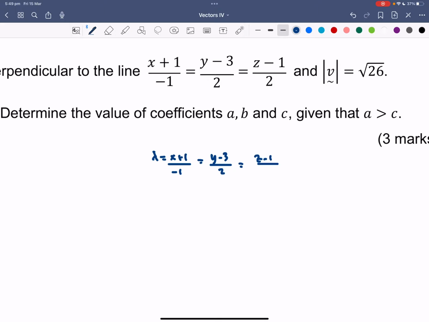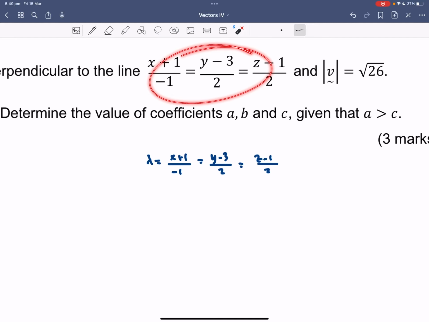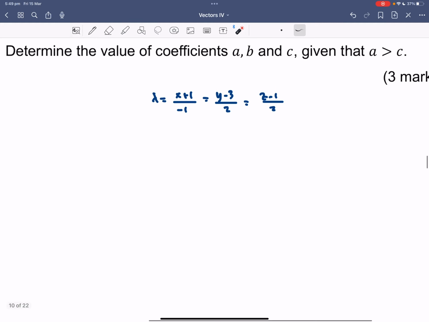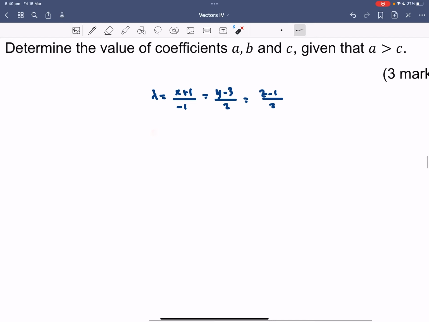What I'm trying to do is convert the line from Cartesian form to vector form. So let's rearrange for x. I get x is minus lambda take 1. If I rearrange for y, it is 2 lambda plus 3.